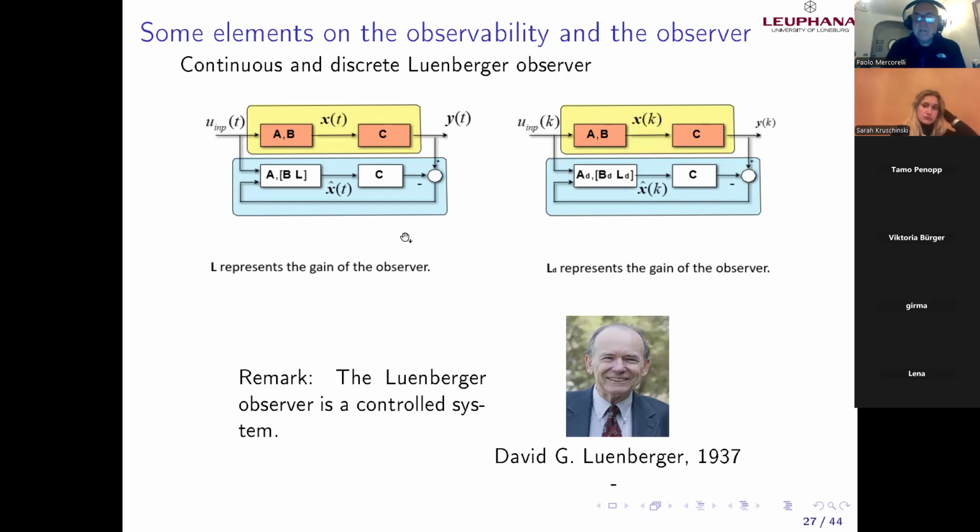Look now, always concentrating on continuous at this moment. This kind of observer is no longer an open loop observer, because we can see that we have a C block, or better to say, the block which states the possible output. And then look, we have what I am measuring minus what the observer is measuring. We generate an error between y and y hat. Y hat is what I am measuring in the observer.